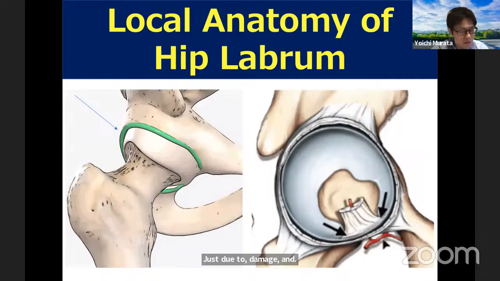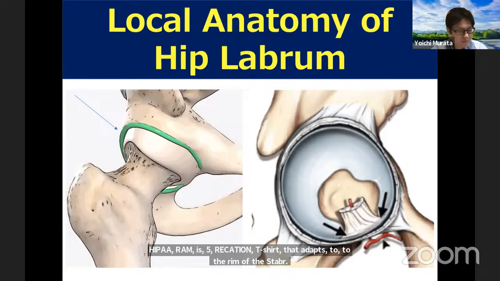I will describe the local anatomy of the hip labrum. The hip labrum is fibrocartilaginous tissue that attaches circumferentially to the rim of the acetabulum, and inferiorly it is connected to the transverse ligament.